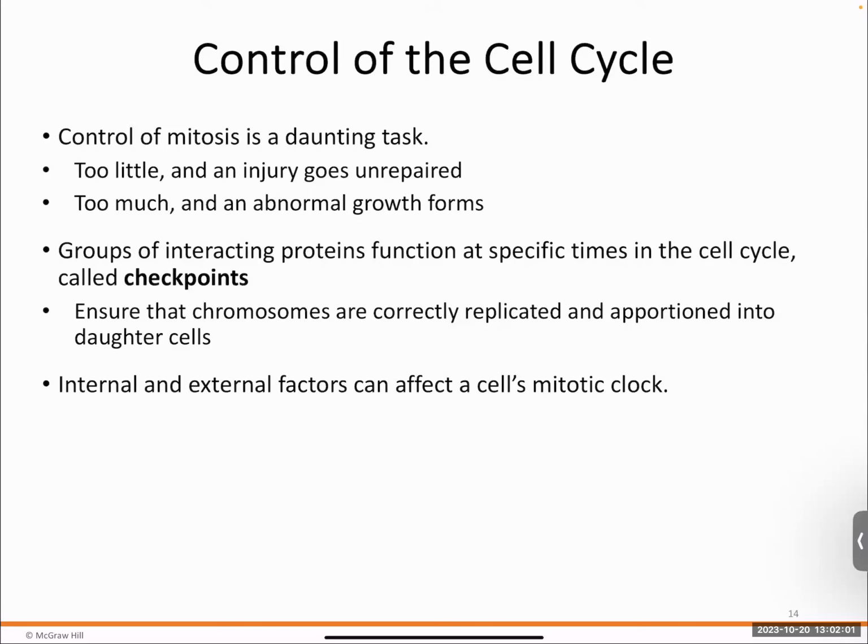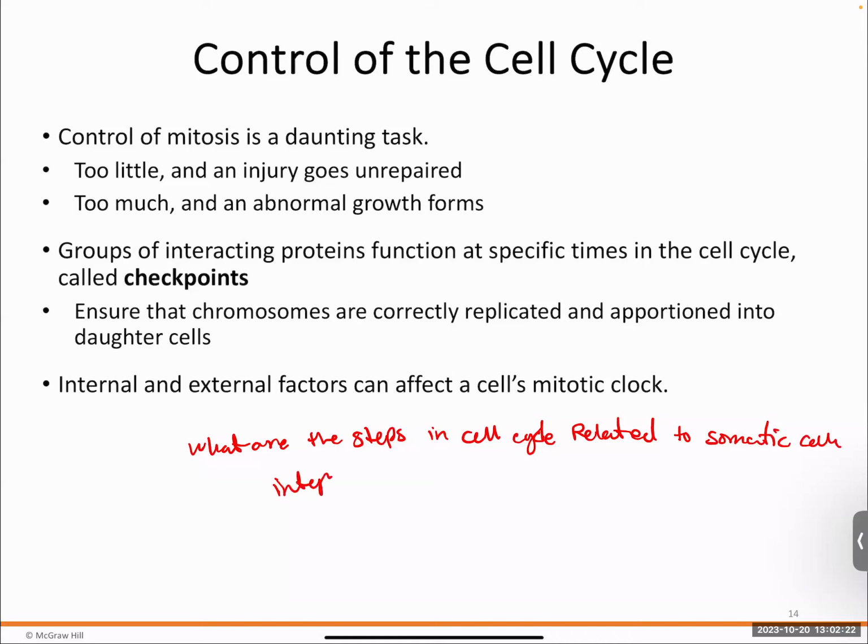If I ask you guys the question of what are the steps in a cell cycle related to somatic cells, we start with interphase, and then you have the mitotic phase, which has prophase, metaphase, anaphase, and telophase.